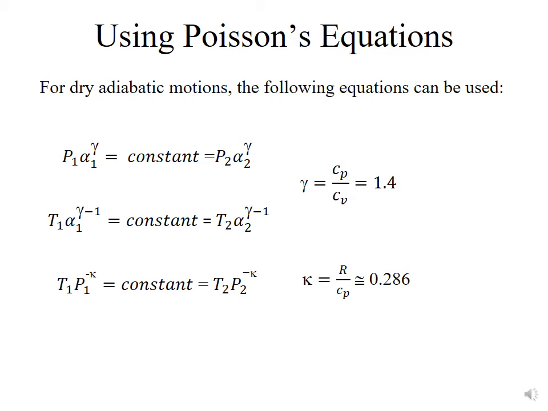So if you have an initial condition of an initial pressure and initial specific volume, and we lift an air parcel to pressure 2, then we can solve this equation for the specific volume at altitude 2. Similarly, you can do that with equation 2 or equation 3. You just need initial conditions and then some kind of change to the system, and the equations will allow you to calculate the last variable that you need.